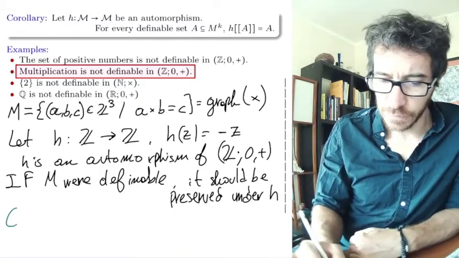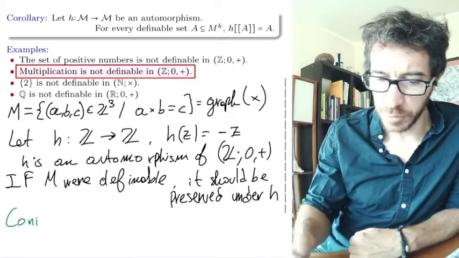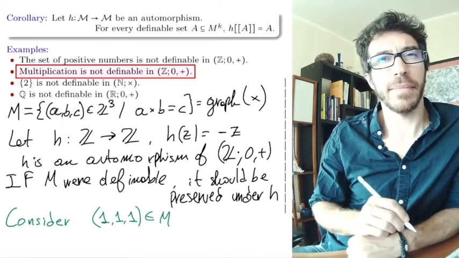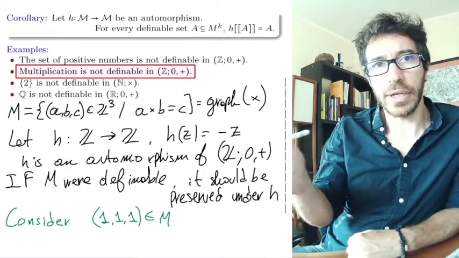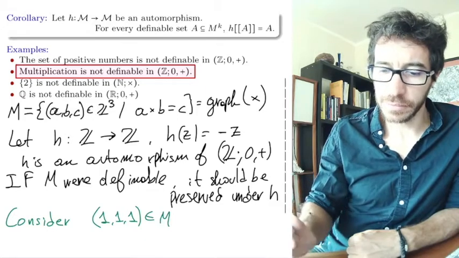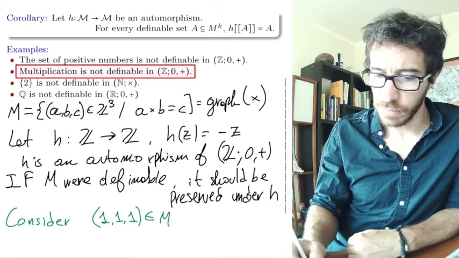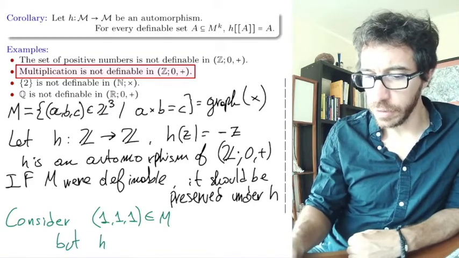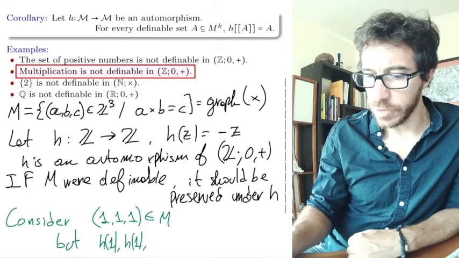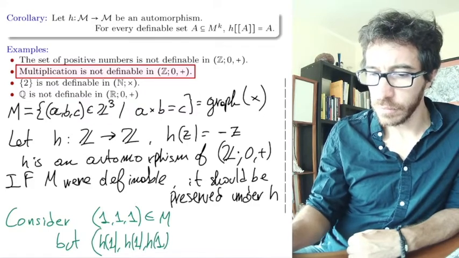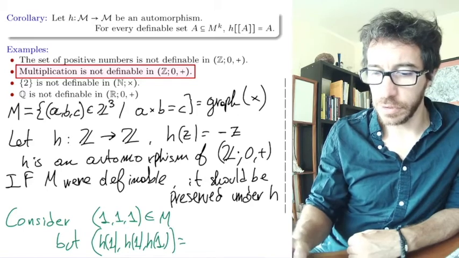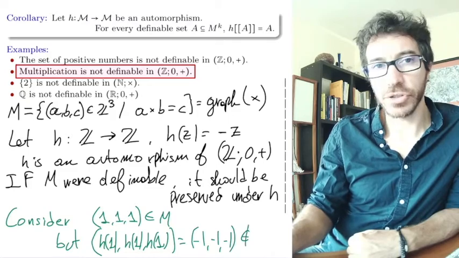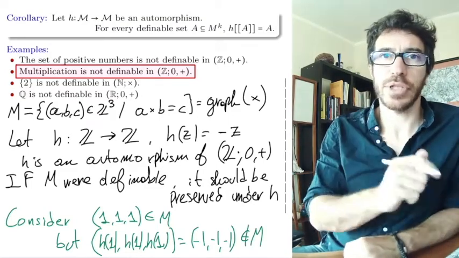Consider the simplest tuple we can, 1, 1, 1. This one belongs to M, because 1 times 1 equals 1. But H of 1, H of 1, H of 1, which is equal to negative 1, negative 1, negative 1, does not belong to M, because negative 1 times negative 1 is positive 1.